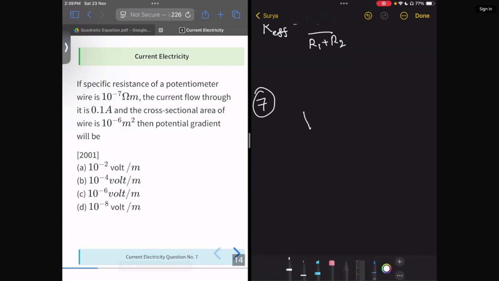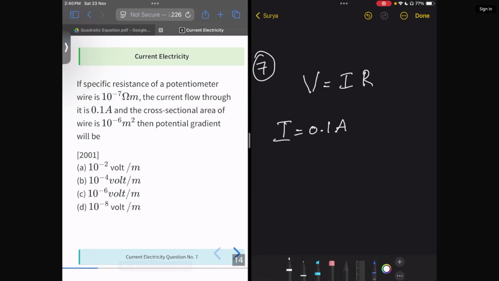You know V is equal to I into R. They have given I is equal to 0.1 ampere, so we have to find R from the specific resistance.